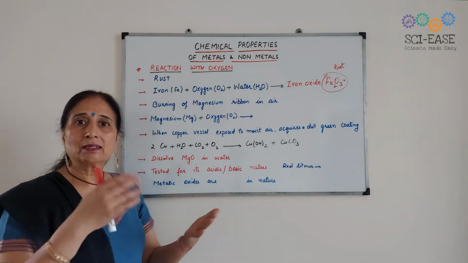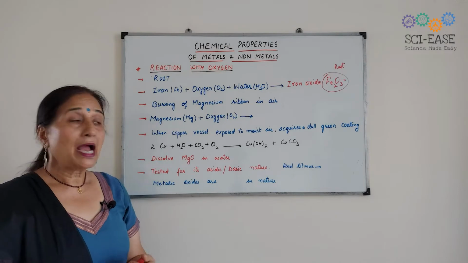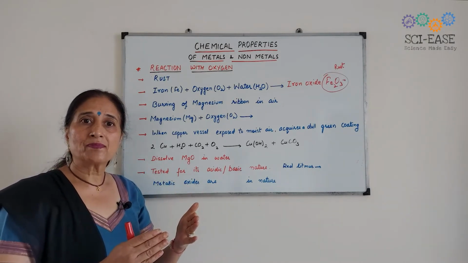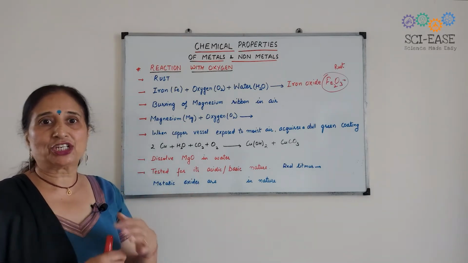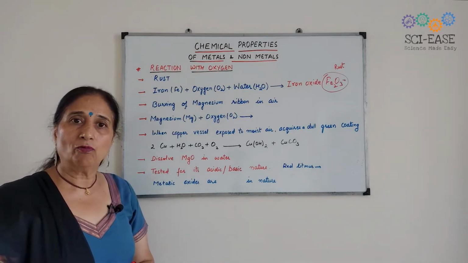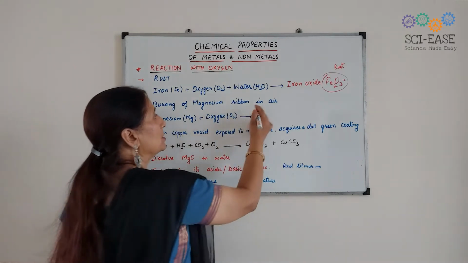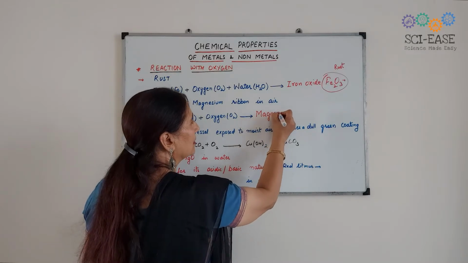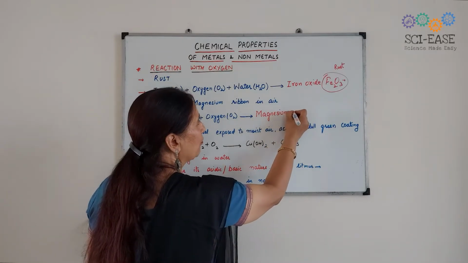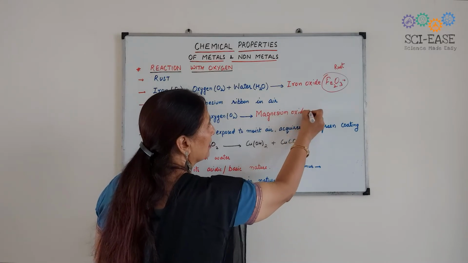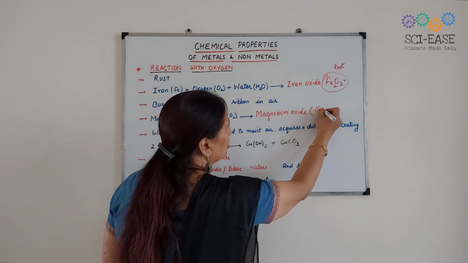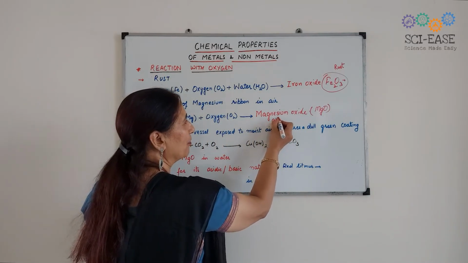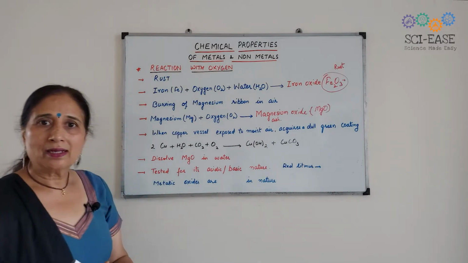White streaks will be formed, and then the oxide of magnesium, which is in the form of ash. You can collect the ash in the watch glass. So the result will be magnesium oxide, having formula MgO, and it is in the form of white ash.